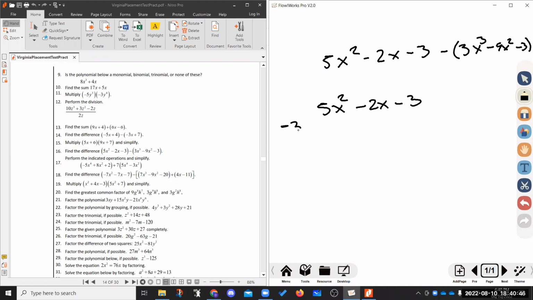So this is going to be a negative 3x to the third plus 9x squared plus 3. So I'm going to add my like terms together. 5 and 9 add together to give me 14. Negative 2 and 0 add together to give me negative 2. Negative 3 and 3 add together to give me 0. I won't write that term because it's 0.